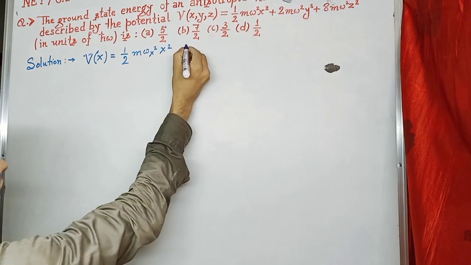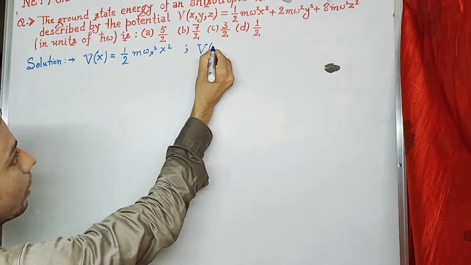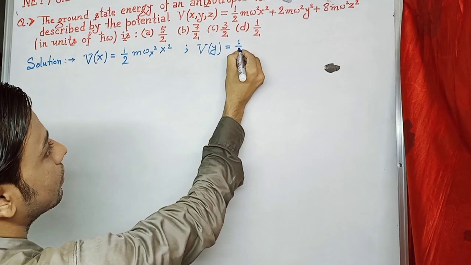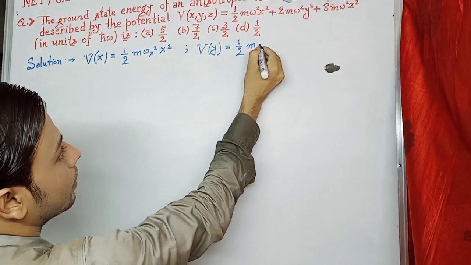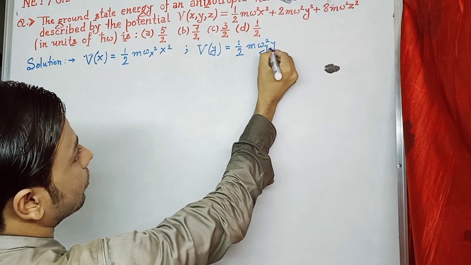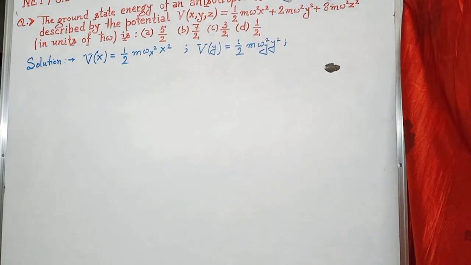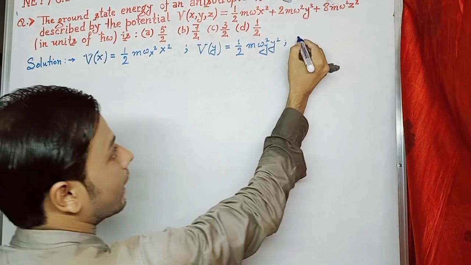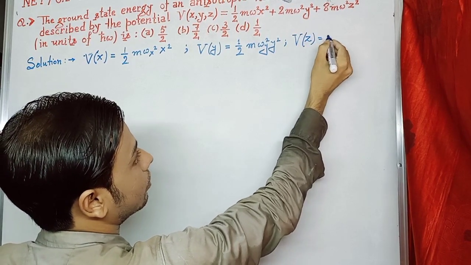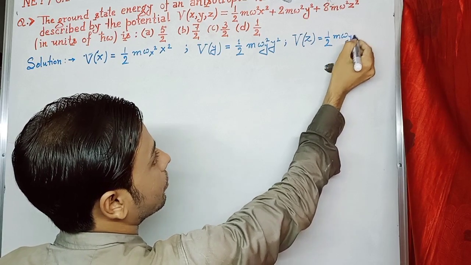Similarly, the potential in y coordinate is V of y equal to half m omega y square y square, and thirdly, the potential in z coordinate is V of z equal to half m omega z square z square.